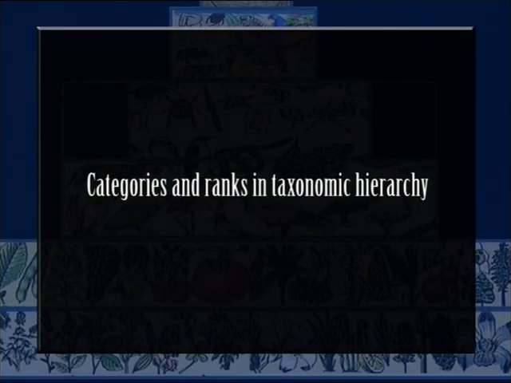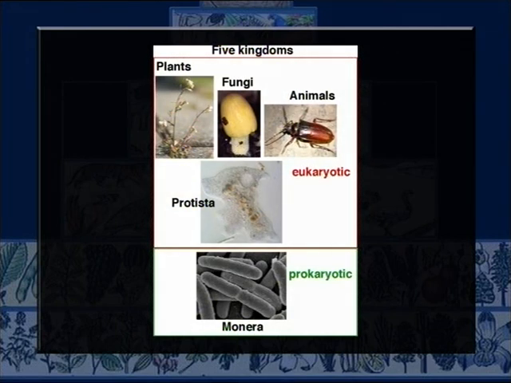Now we will analyze some categories and ranks in the taxonomic hierarchy. The system of taxonomic hierarchy has been considerably expanded since Linnaeus. Various life forms have been discovered, and some life forms have been moved into 3 new kingdoms: Monera for prokaryotes, and Protista for protozoans and most algae and fungi, resulting in a 5-kingdom classification of life.